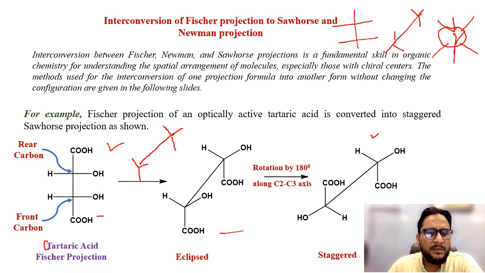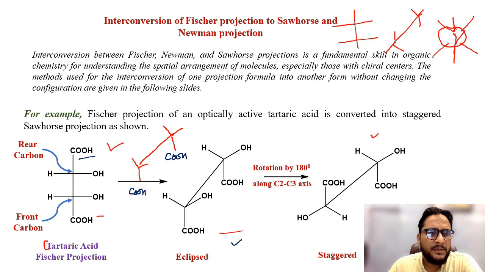You can see here that COOH is given at the top, on the line perpendicular to the line connecting H and OH. So write COOH over here, and one COOH is at the bottom, so the other is to be written here as in this case.